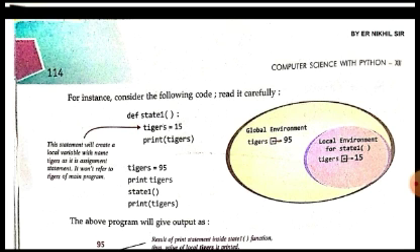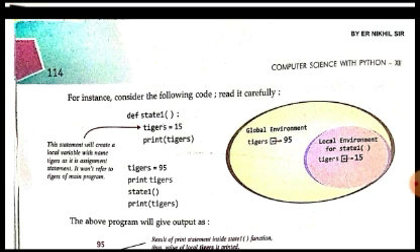So what will happen? This statement will create a local variable with the same name, tigers, as it is an assignment statement. Tigers is equal to 15 is an example of an assignment statement, so this statement will create a new local variable. Because of this, a local variable will be created, and the global variable, whose value was 95, will not be used in the scope of the function state1.